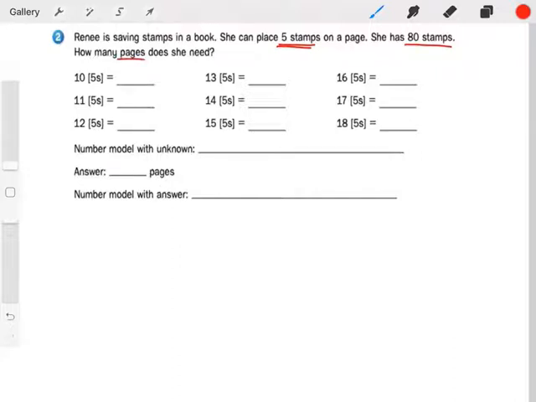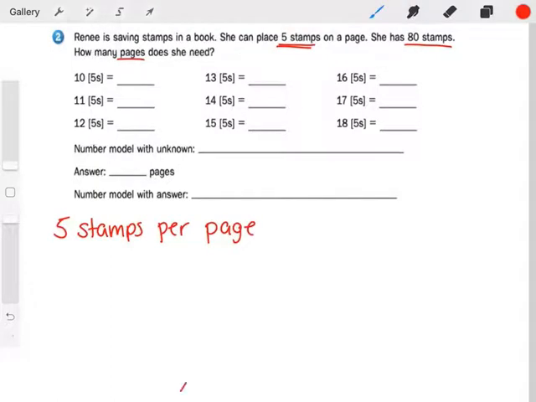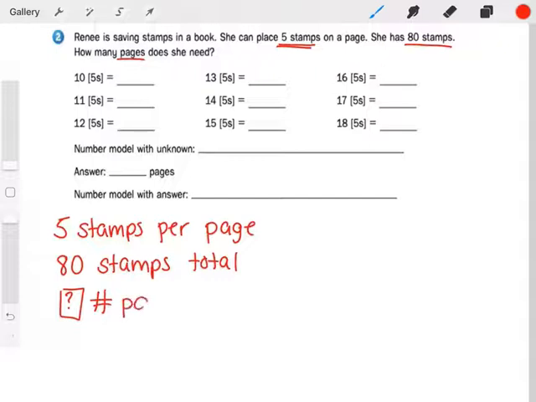So let's make sense of that information. She has 5 stamps per page. She has 80 stamps in total. We need to know how many pages all her stamps will take up.